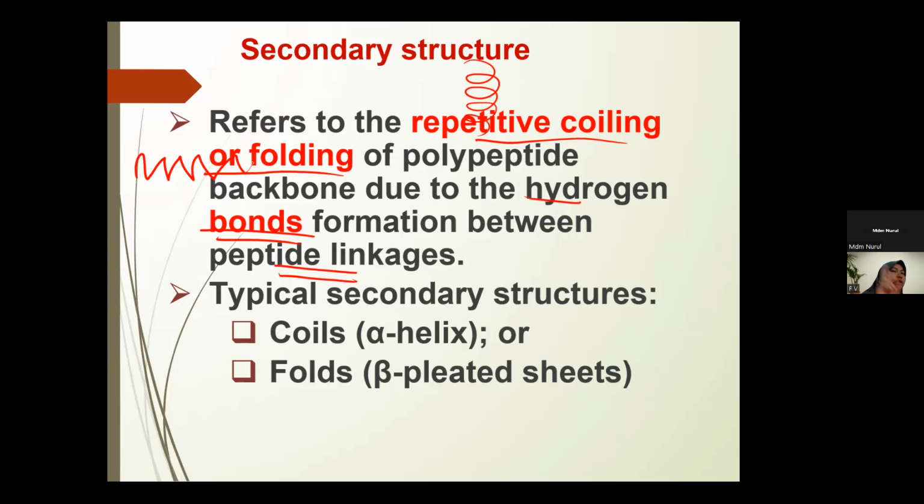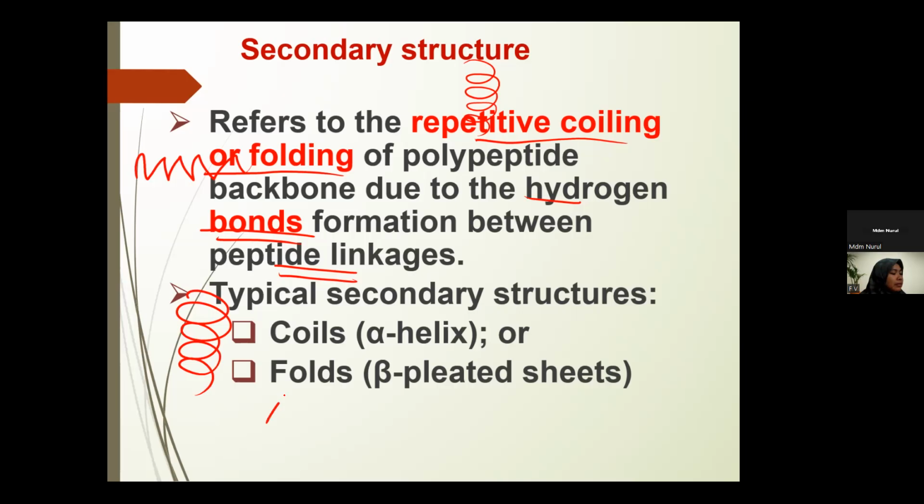So, there are two typical secondary structure. Okay. Secondary structure ada dua bentuk. Ingat tu, primary tak ada bentuk lain. Satu je, linear or straight. Secondary structure ada dua bentuk. Satu, coil into alpha helix. So, macam gini. Coil. And number 2, folded into beta pleated sheet.